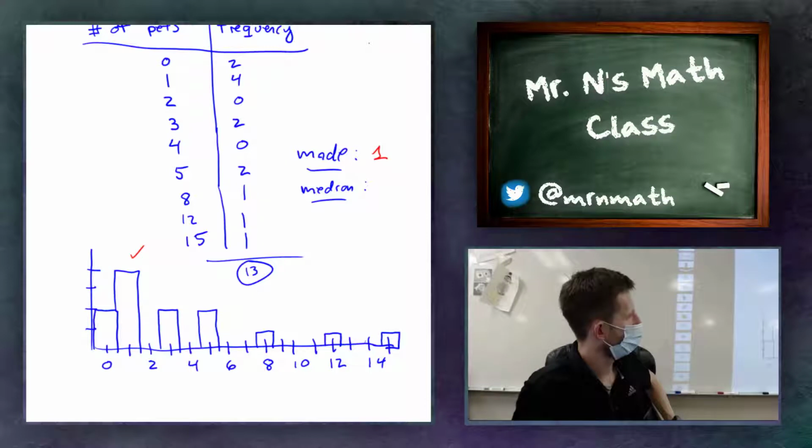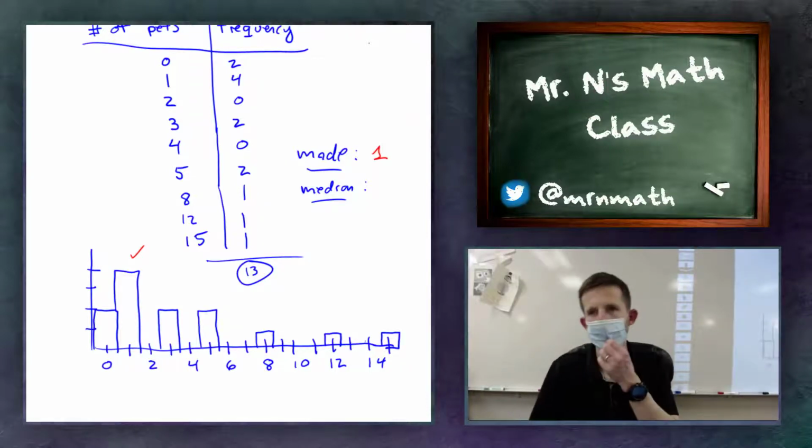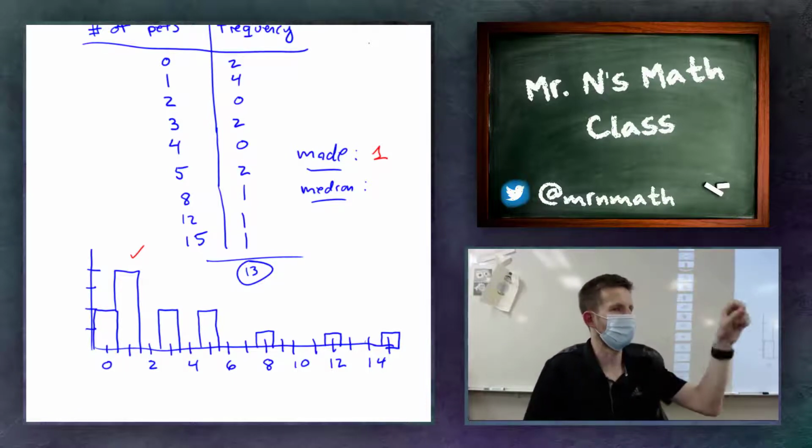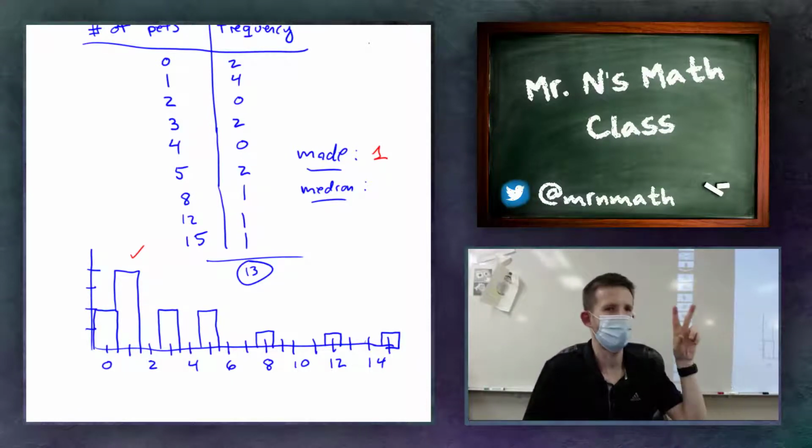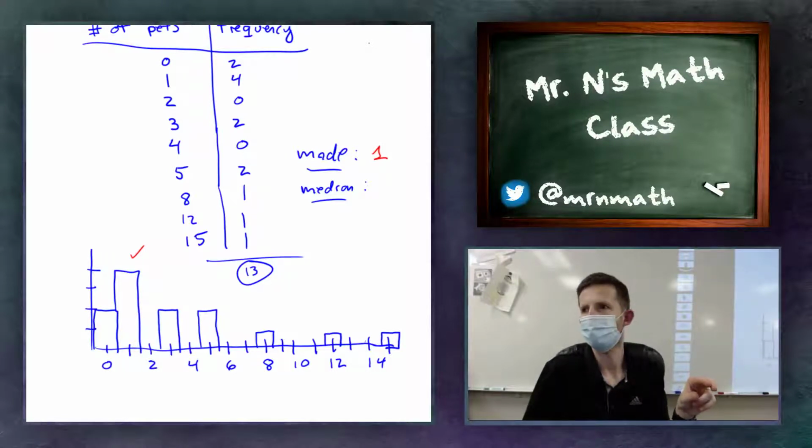So for the median, is it going to be an exact number in the middle, or are we averaging 2 numbers? It's an exact number, right?